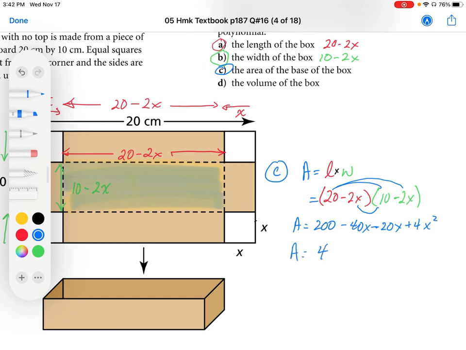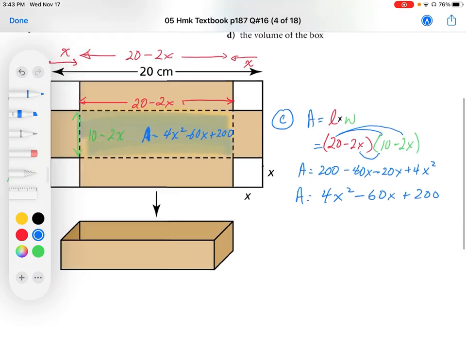I'm going to write it as a polynomial with x squared first, minus 60x plus 200, and that's going to be this area in here. So area equals 4x squared minus 60x plus 200. And that's going to be this area that I've shaded in this bluish color here.